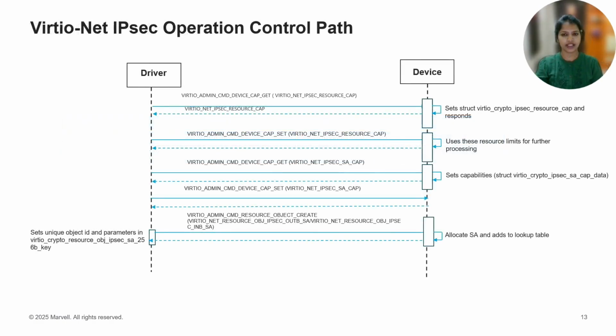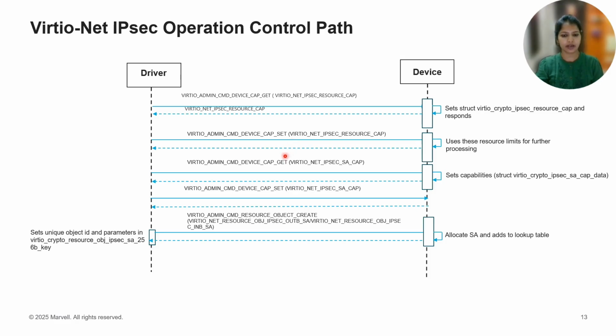This outlines the high-level flow of the virtio-net IPsec operation in the control path. If the driver requires IPsec processing, it first sends a capget admin command with the type virtio-net IPsec resource cap to determine the limits on the number of SAs. Subsequently, the driver sets the limits it will use. The device uses these limits for further processing.